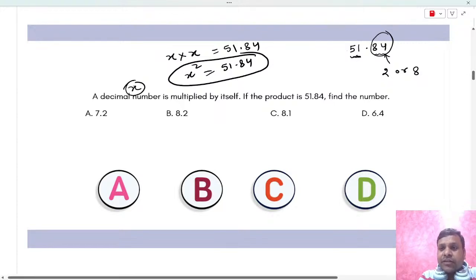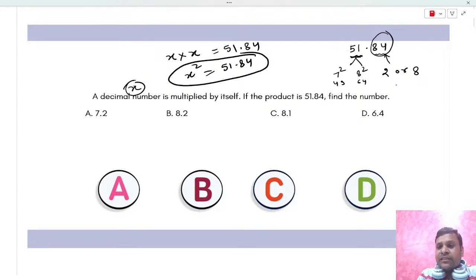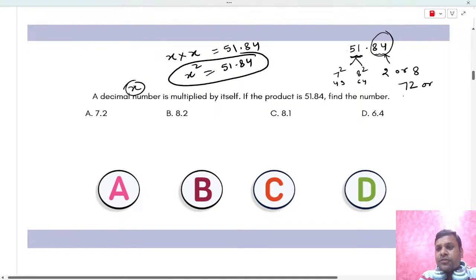Now come to here, 51. 51 lies between 7 square and 8 square, meaning 49 and 64. Then the number should be either 72 or 78.